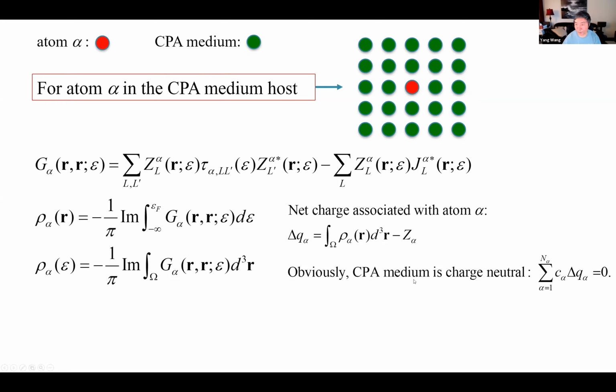Obviously, the CPA medium is supposed to be charge neutral. Because the whole crystal has to be charge neutral, so that has to be 0. But of course, it's not always the case, because this is just the simple single lattice case. If you have a sublattice, that is, a more complicated crystal, some sublattices are occupied by random alloys, others are occupied by specific atoms.